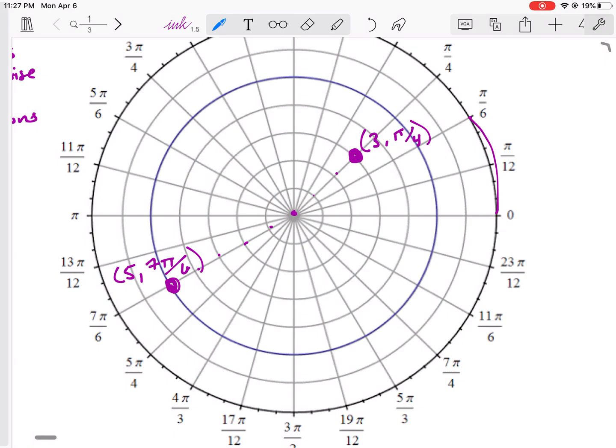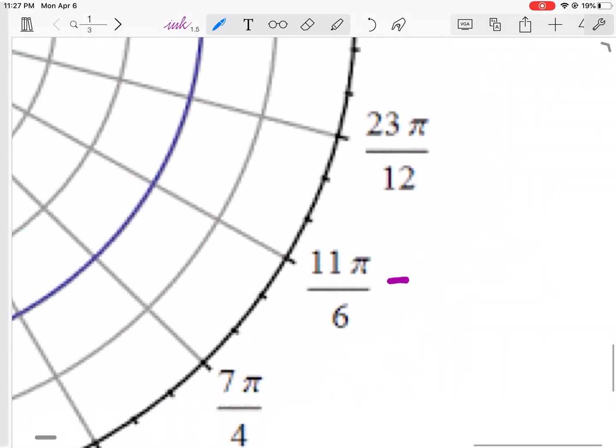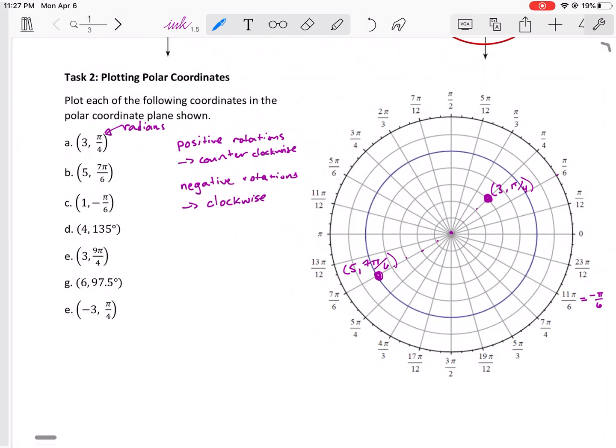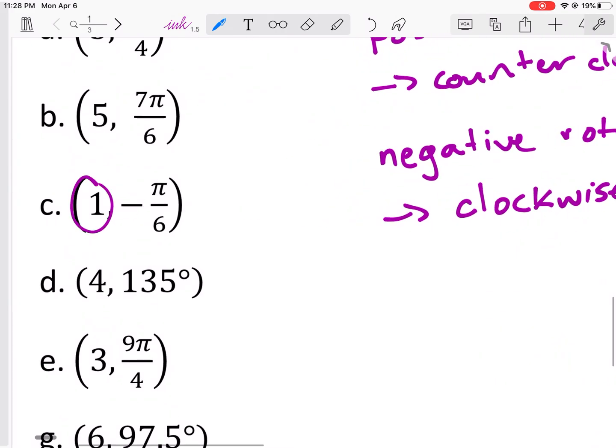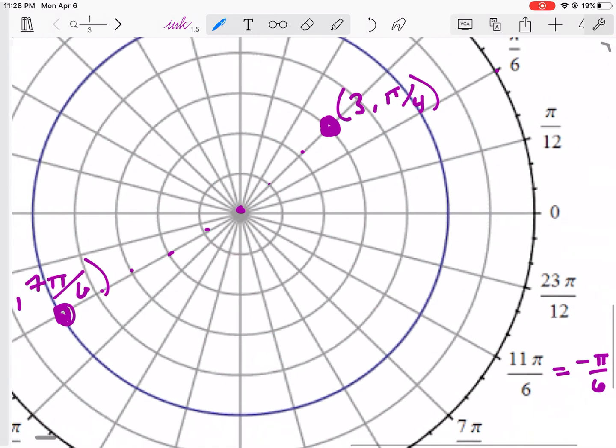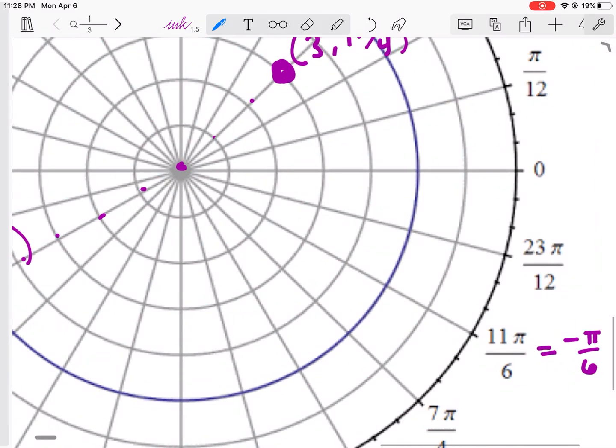The negative direction, same thing, just the opposite direction, should take us to 11 pi over 6. So this is equal to negative pi over 6 as well. And our radial distance was 1. Therefore, this point should be right here, 1 comma negative pi over 6.